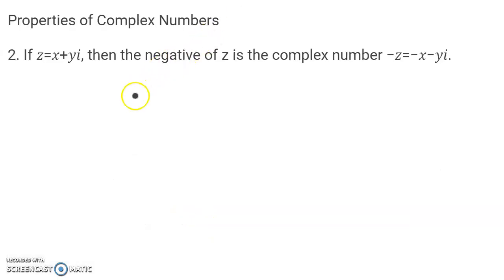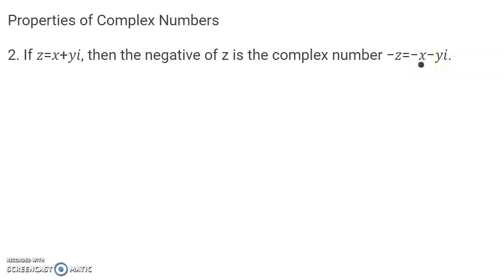Our second property of complex numbers states that if c is equivalent to x + yi, then the negative of c is the complex number negative c, which is equivalent to negative x minus yi.